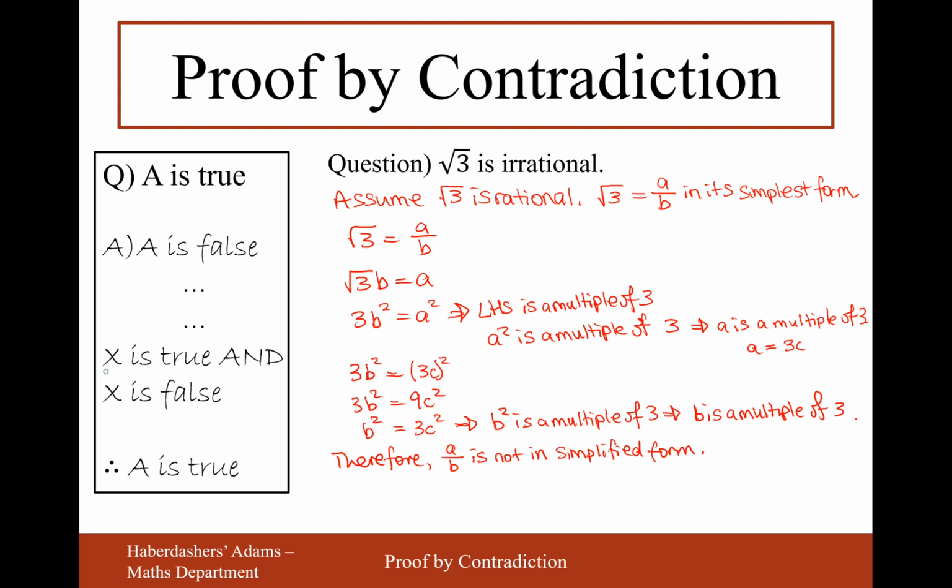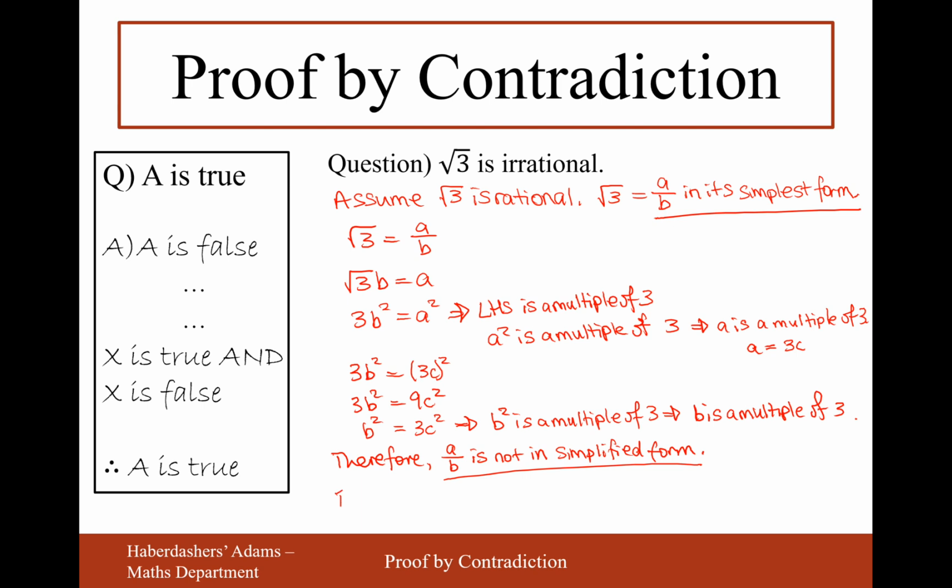So there we are. When I refer to statement X is true and is not true, you can clearly see it here. A over b is in its simplest form, a over b is not in its simplest form. How two things can simultaneously be correct and incorrect is just absurd. You can't have two things that are correct and incorrect. So therefore the assumption that got us to this absurdity is an incorrect assumption.